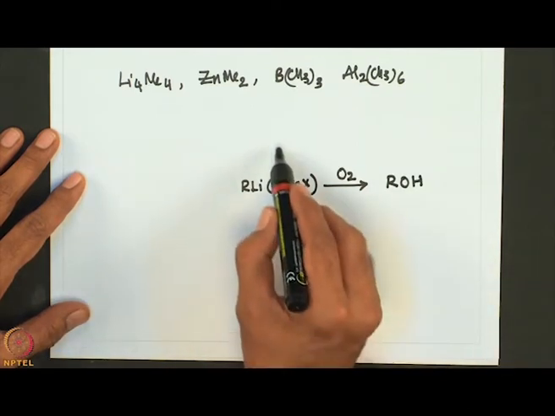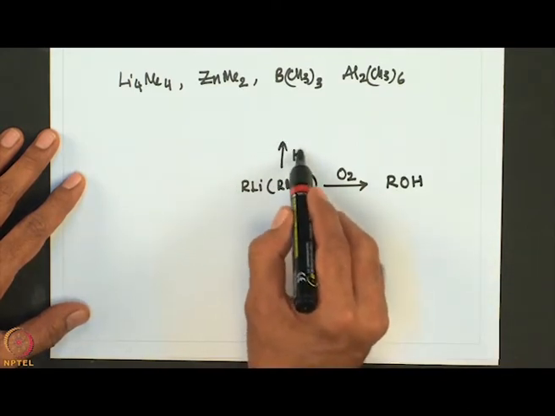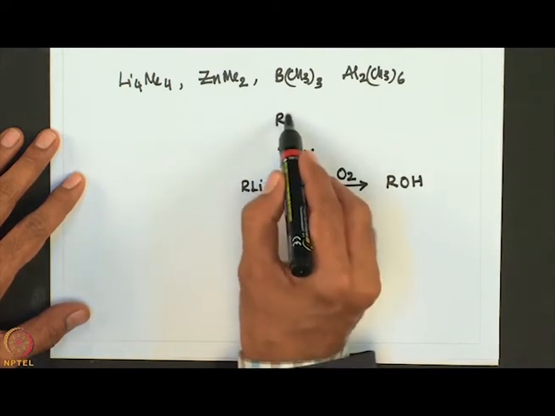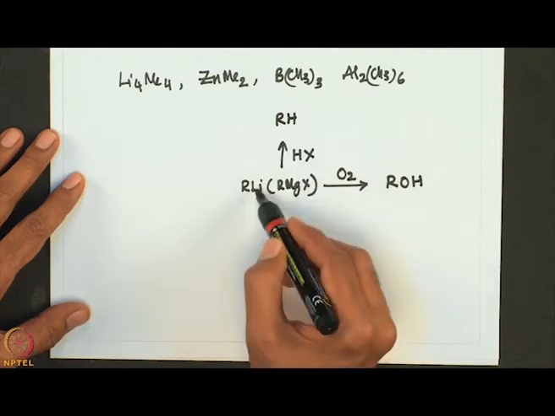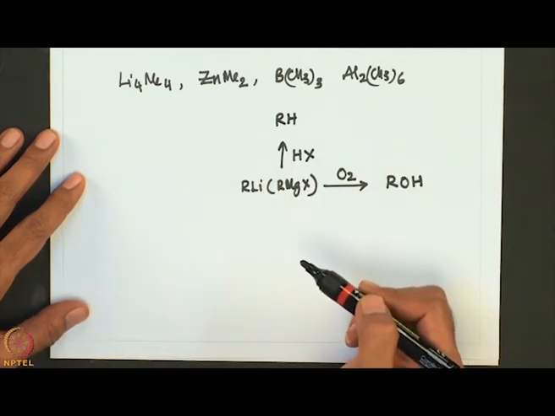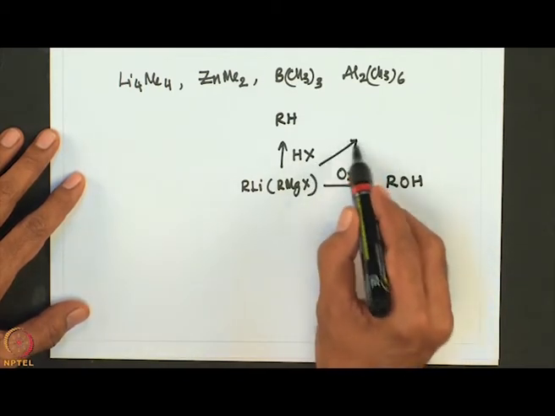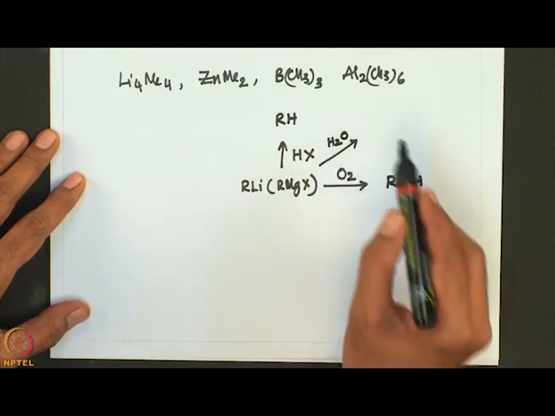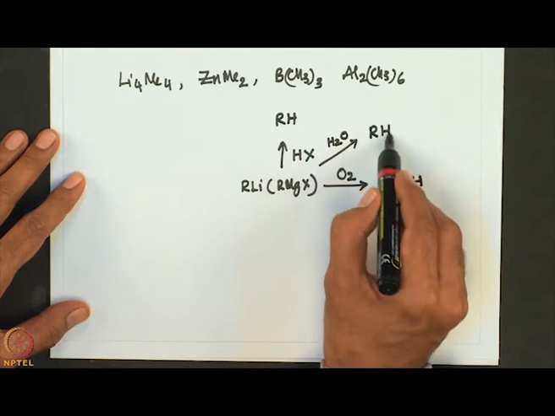And if it is treated with HX, it leads to the formation of RH, so that LiX will come out. And if it is treated with water, hydrolysis, it gives again RH.